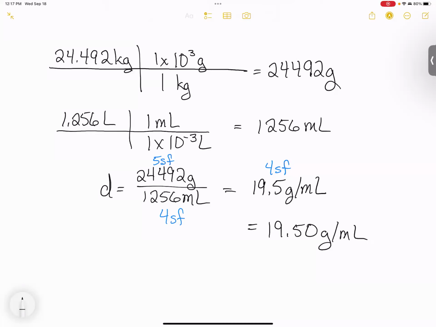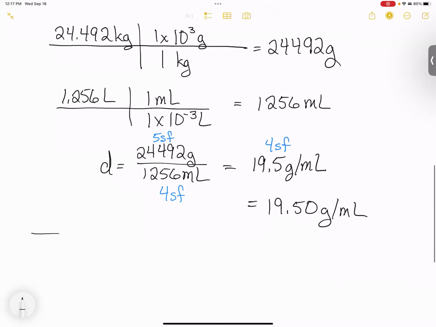Okay, let's take a step back and talk about how we get these numbers. How do we determine the mass? Well, the mass is typically determined by a balance.